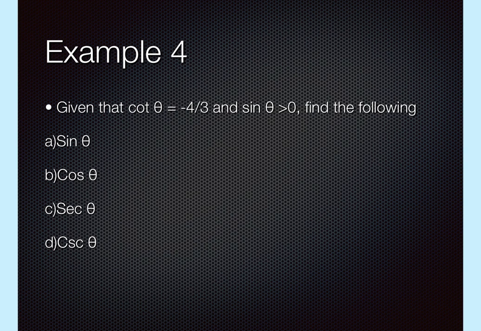All right. Again, I'm not going to work all the way through this, but we will set it up, because the only difference here is the delivery of the information. It says, given that the cotangent of theta is negative 4/3 and sine is greater than 0, find the following. First of all, if cotangent is negative, what 2 quadrants can I draw this in?